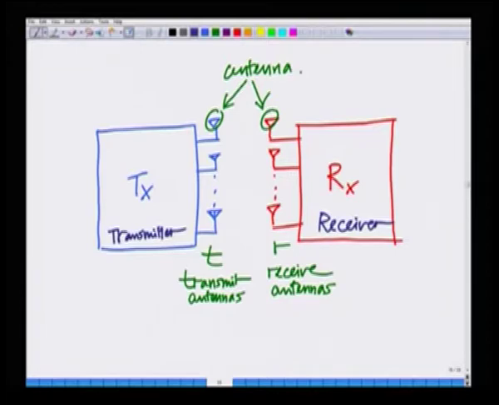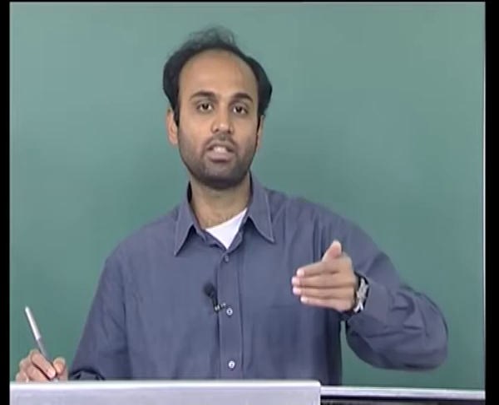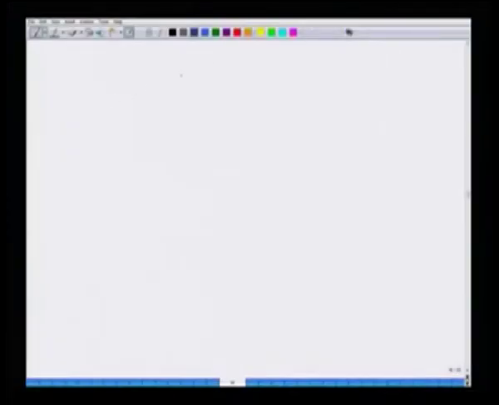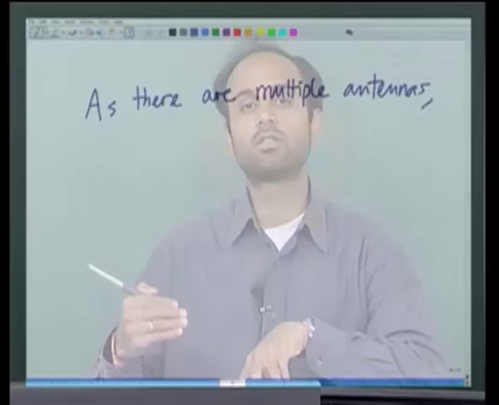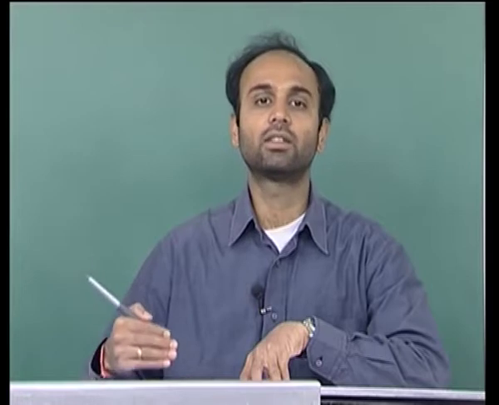Now, as we have already seen before, in the case of receive diversity, that is, a system which has multiple receive antennas, having more antennas provides diversity in the system. We simply said multiple antennas means multiple links, hence it means more robustness to fading, hence it leads to diversity.